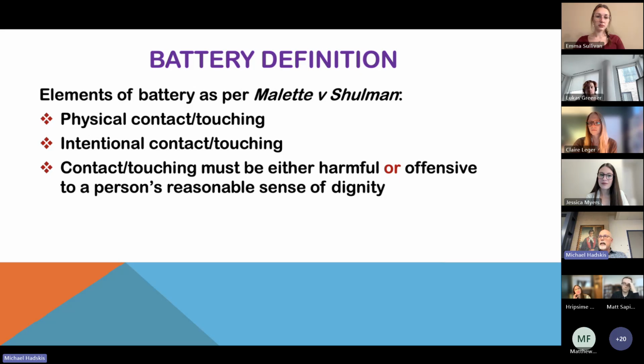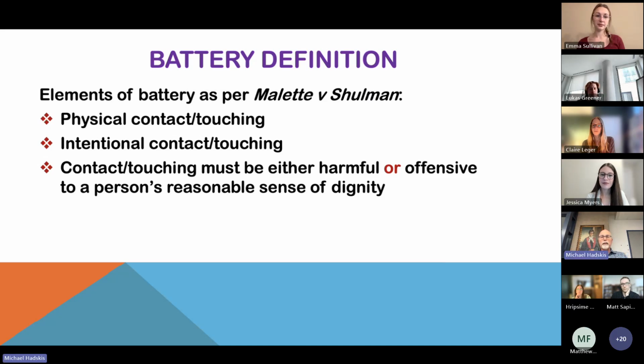The difficulty in this case, as I think someone else pointed out, is that it's going to be very difficult to show any causal connection between any physical harm to the plaintiff here and any subsequent development of cancer or other physical consequences of being subjected to the smoke. So, unlikely to be able to show harm, but we have the word "or."